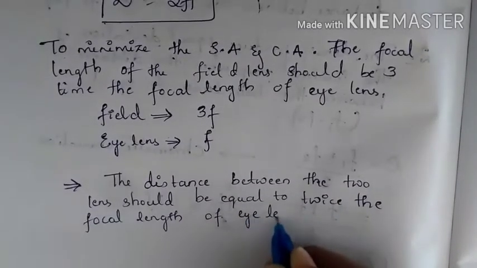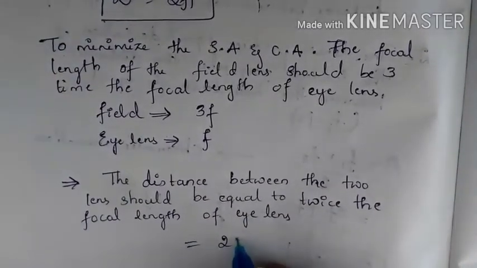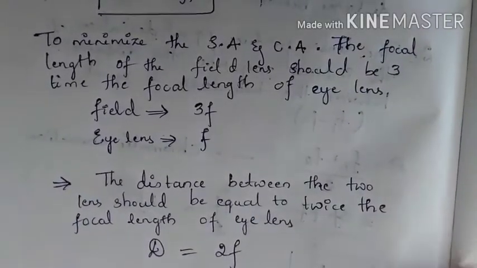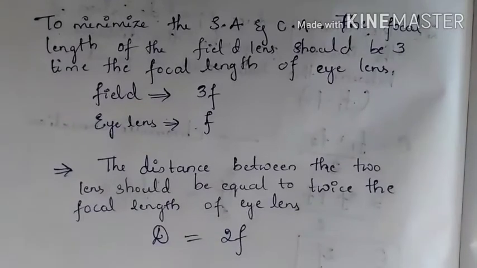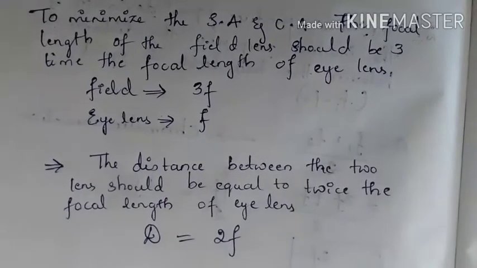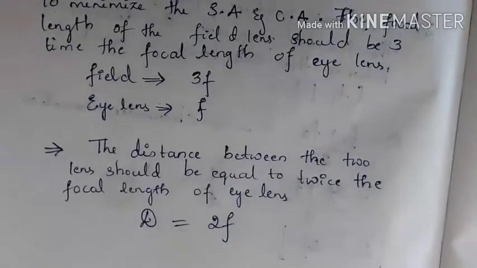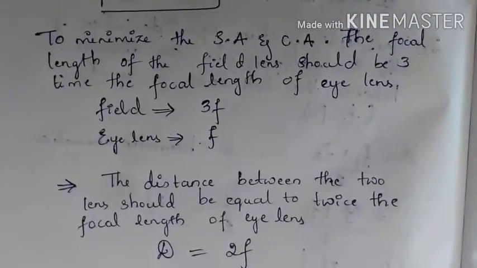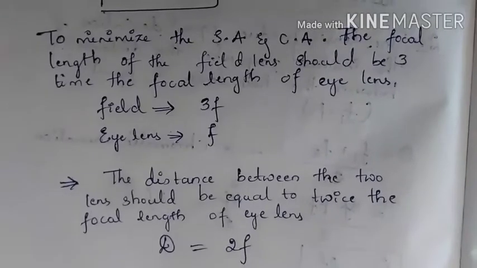So that is equal to how much? 2f. So the distance we got is 2f and the focal lengths for the field lens and eye lens are 3f and f. So these are the conditions to minimize the chromatic and the spherical aberration.